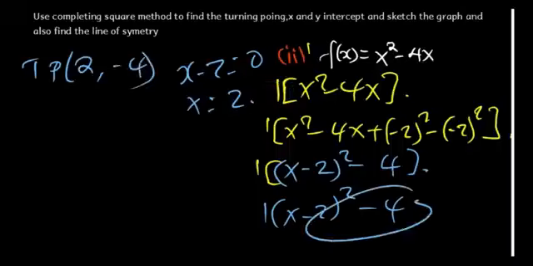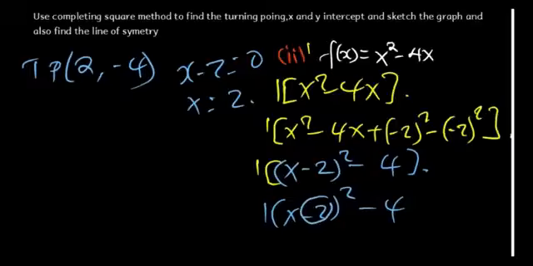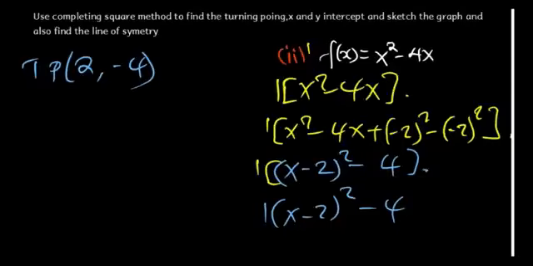If it is negative, just get negative. If it is positive, just get positive. But this part here, if this is negative, get a positive. If it is positive, get a negative. In short, just get what is inside, set it equal to 0, then solve for x. At the same time, that is the line of symmetry. Then now what we need to find is the x and y intercepts.